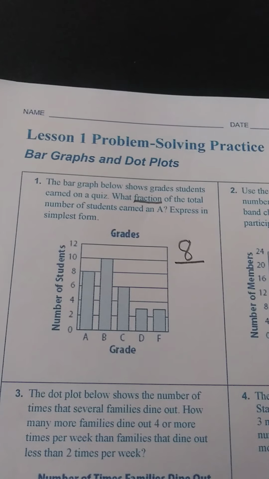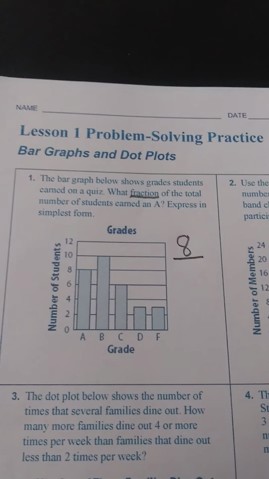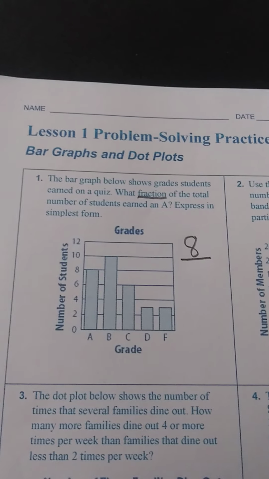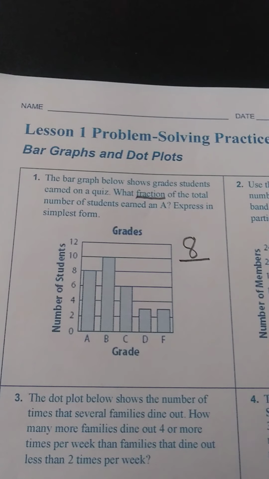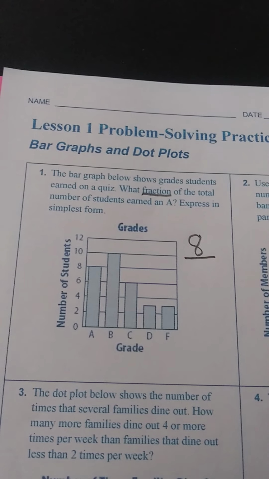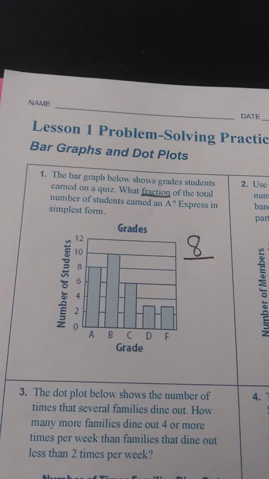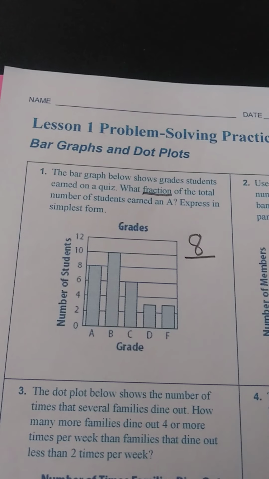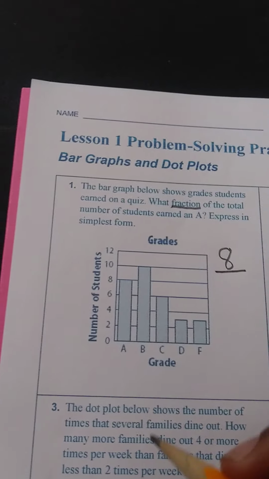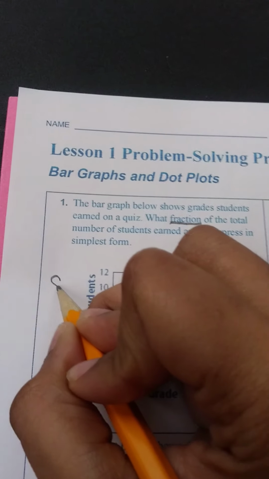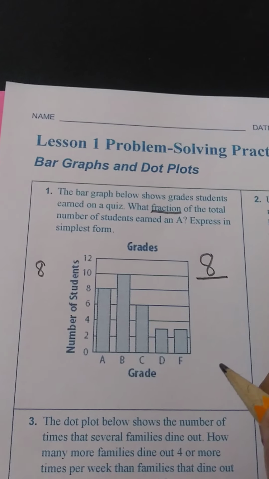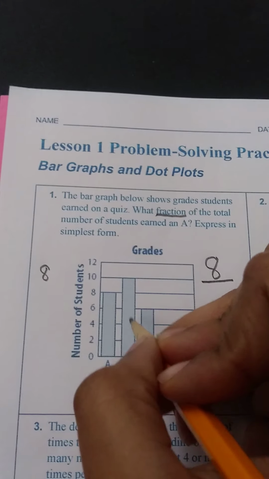We know that 8 students earned an A, but do we know how many students in total took the test? No, they didn't give us that, so we have to find that out. Now we have to add up the number of students who got each grade. For an A, it was 8, right? For students that received a B, it was 10.